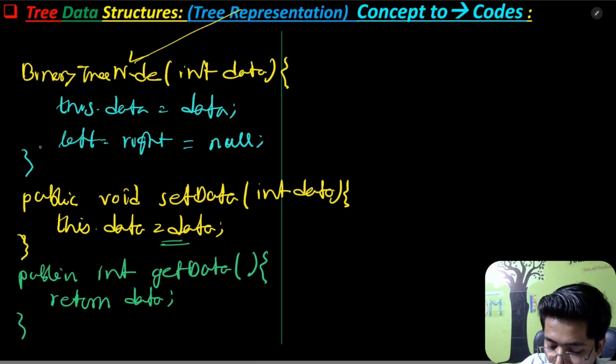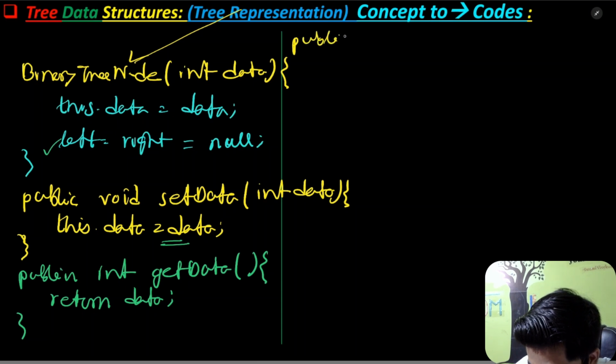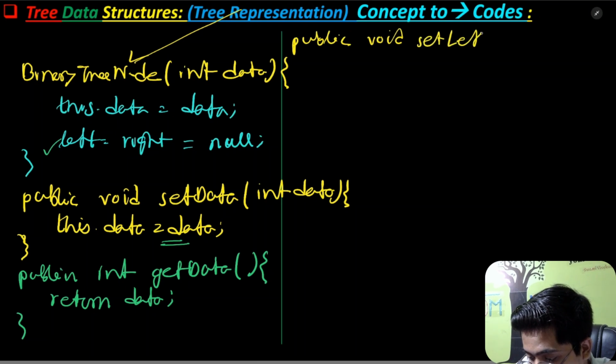So declaring methods for those portions. Public void set left, and in the left position we pass pointers of type binary tree node.